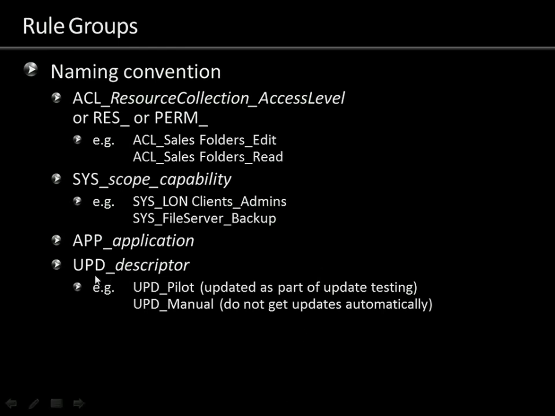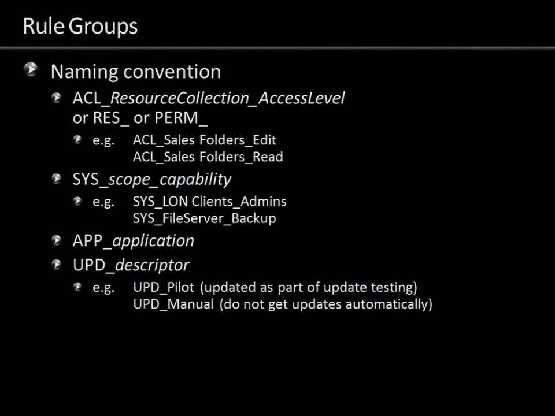And finally, a small example is UPD underscore, which I use to indicate who gets updates and who doesn't. In most cases, in your enterprise, you want most clients and servers to get updates pretty much as soon as they're available, but you also will want to have some clients and servers getting updates as a part of your pilot and test. And you might have other clients and servers who shouldn't be updated for one reason or another because it might break some software.